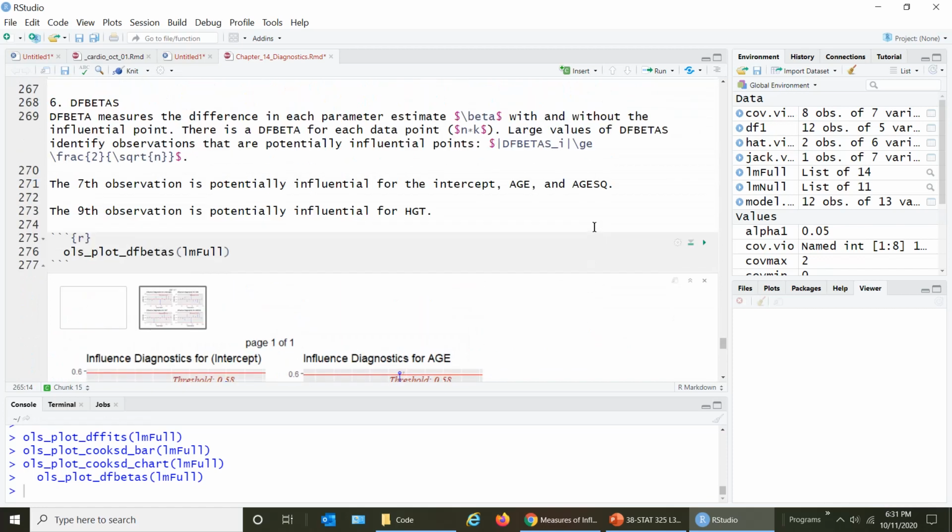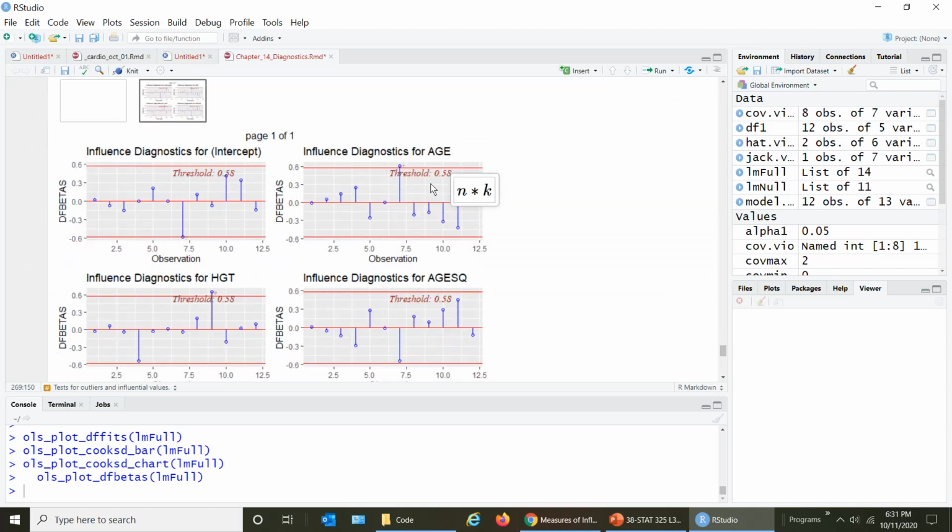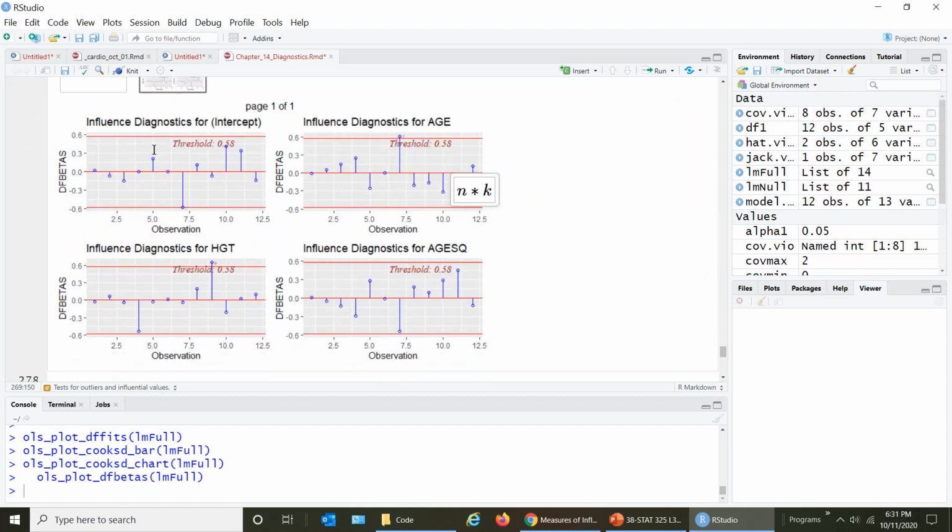And so we have these, as they mentioned, for each of the k predictors and for each point. So when I look at the intercept, I see that observations 2, 4, 6, 7, yes, I can see there is a 7. I can't zoom in on it for you, unfortunately, but 7 is influential here. And 7 is also influential under age.